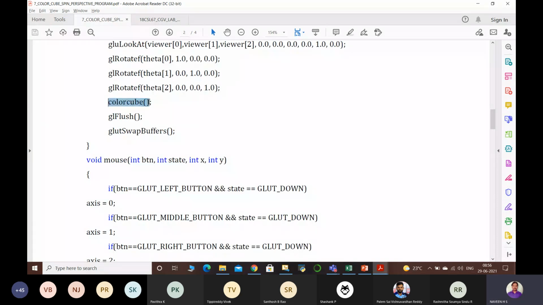So once that color cube function is done, again that's it. It will draw all the possible objects whatever we have gone through till now. And swap buffers, as I said, this is for swapping the faces. So when those current values, it is going to store, and it will accordingly behave. Suppose if you're spinning with respect to the x-axis, your face will be different. Suppose the front face will be changing to the back face or top or left, based on either pressing the left button or right button.